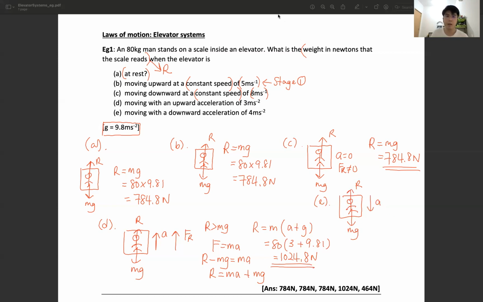Okay, so I just mentioned you have to label first, right? F equals ma, mg, R. So we label the acceleration, same acceleration, the R, and the g. Is there any other tension? There's no tension, no friction. So all these three. After you label, then you put it into F equals ma. The resultant force is downward.